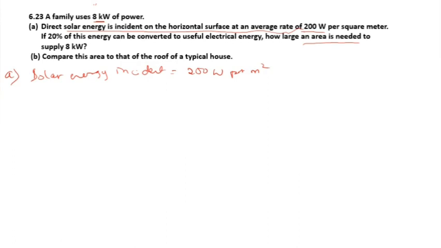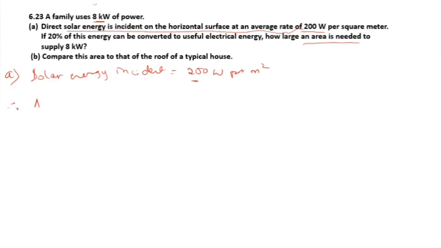We can write the electric energy obtained by solar per unit area, because only 20% of this will be converted to electric energy. Among the 200, only 20% will be used as electric energy.